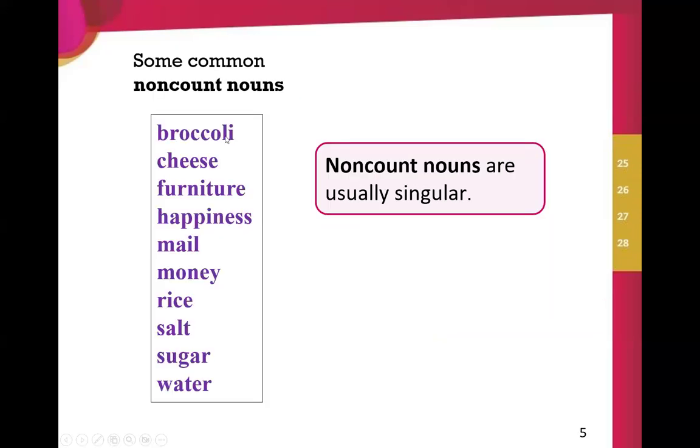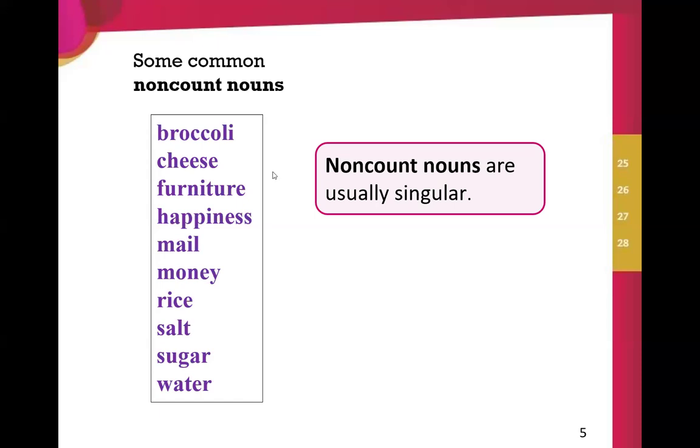Now, some common non-count nouns. For example, broccoli, cheese, uncountable noun. Furniture. We can point to a piece of furniture and say this is a piece of furniture. We cannot say a furniture. We cannot say one furniture or two furnitures.